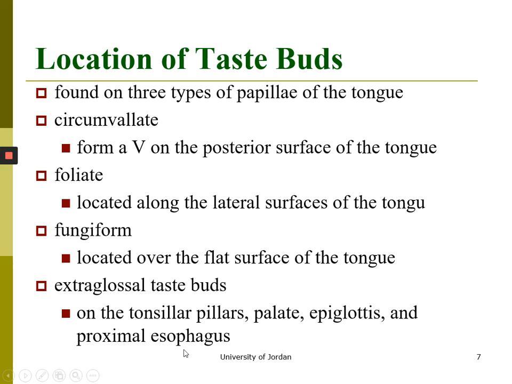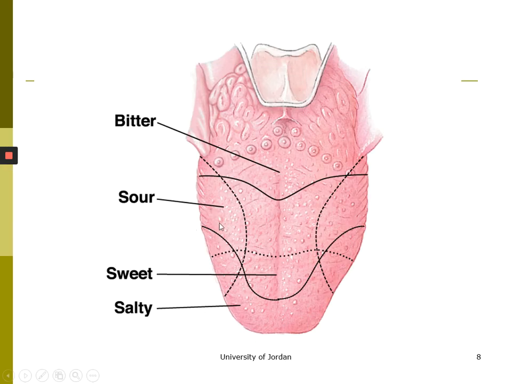There are some papillae that don't contain taste buds, so they don't contain receptors for taste. So this is where these primary sensations are located. You see, this is the inverted V shape.